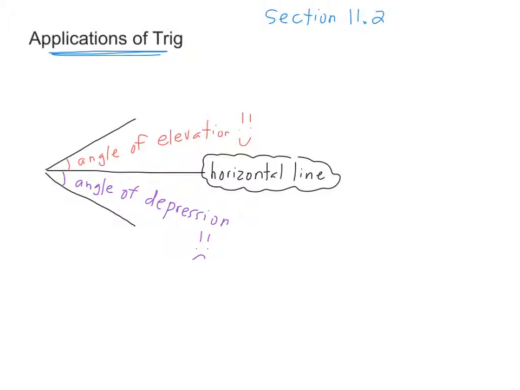That is always going to be the angle that rises up above that horizontal line. Sometimes we'll see word problems where we're talking about someone standing on top of a building. Then you might see what's called an angle of depression. So the angle of depression is that angle that stems down from that horizontal line. So once again, everything is based off of the horizontal line. Okay, let's look at an example.